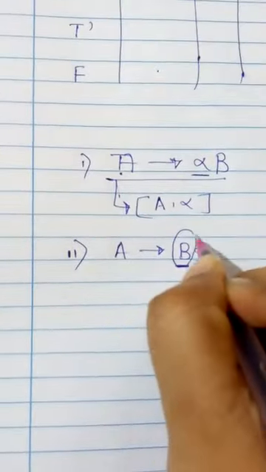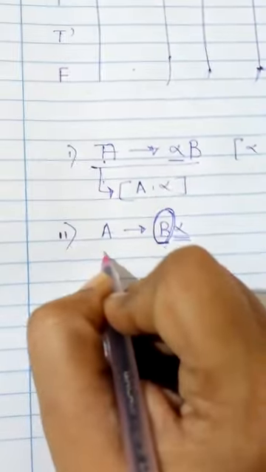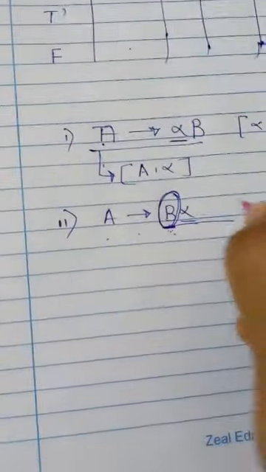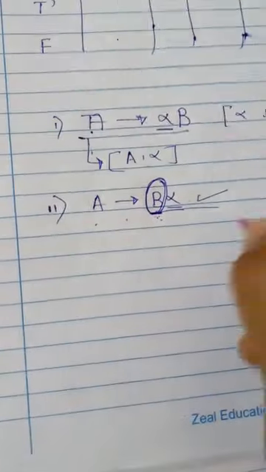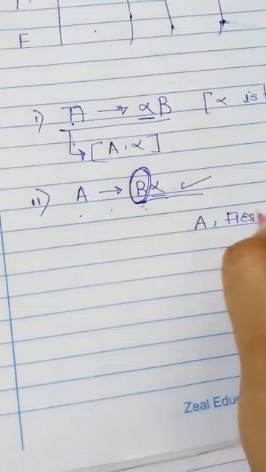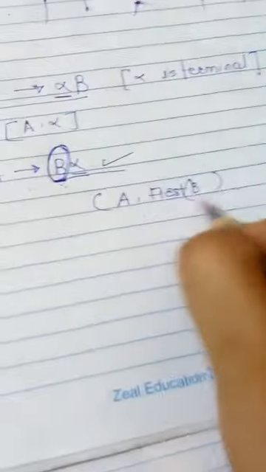At that time you have to find out the first of this B. Then you have to add this production rule in the cell value A comma first of B.